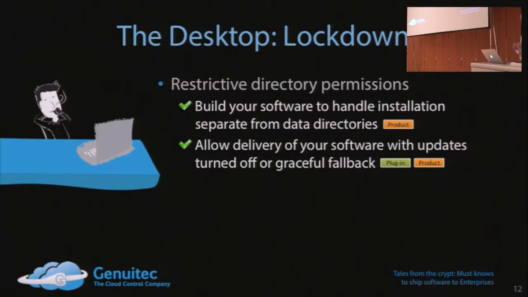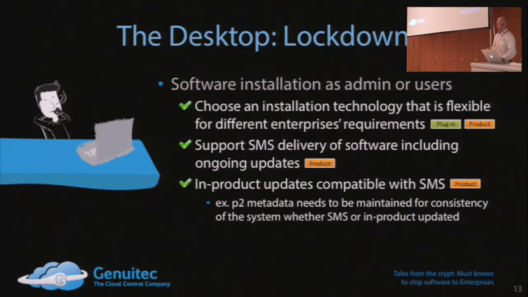The important one, though, is not just being flexible, is understanding how to gracefully fall back. So if your software expects to be able to update itself or download things locally, and your user's running in a place where they don't have any permissions, are you notifying, hey, I couldn't do updates? Or are you able to either disable or allow those updates to fall back and run in an alternate way? And we'll get in a bit deeper as we go along here.